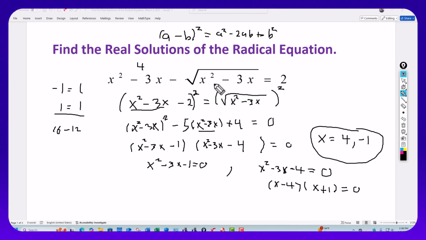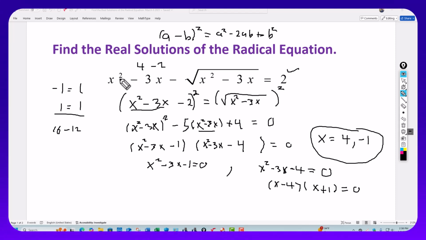And now go to the radical. Plug in a 4 there. And of course we're going to get the same number because it's x squared minus 3x. So we're going to get 4, but then you have to take the square root of that. That's 2. 4 minus 2 does give you 2. That one checks.